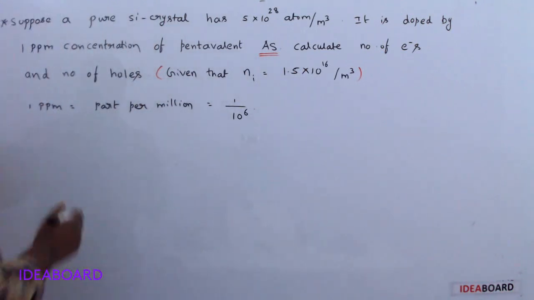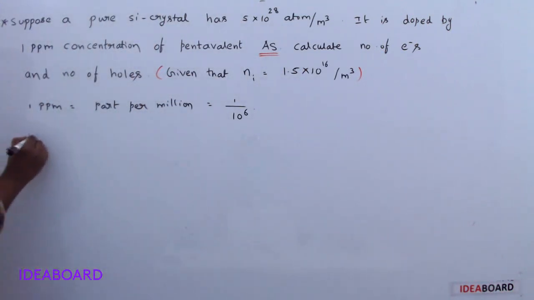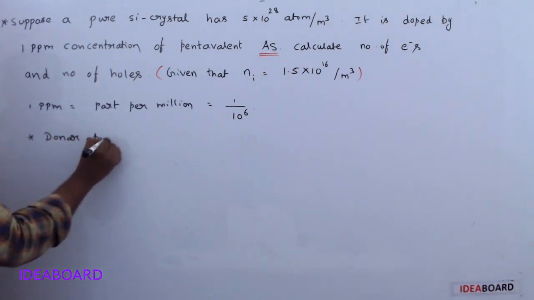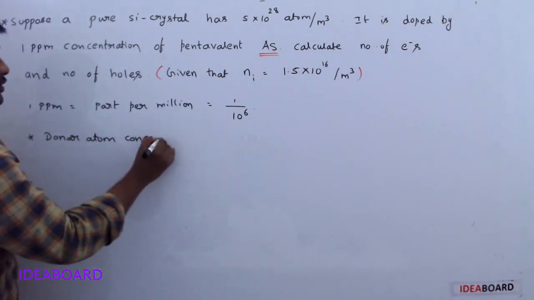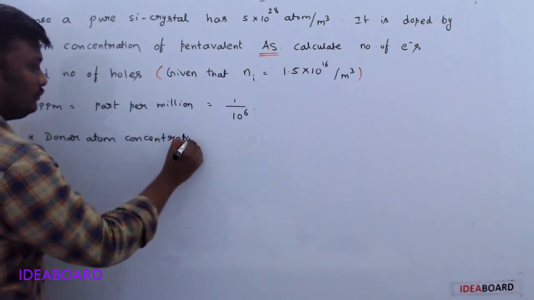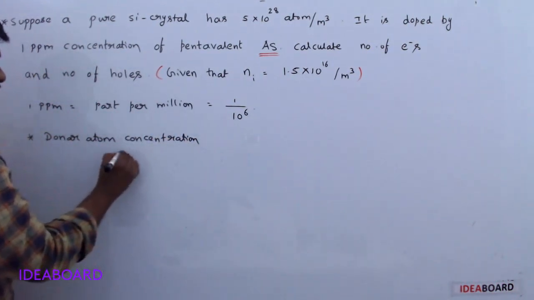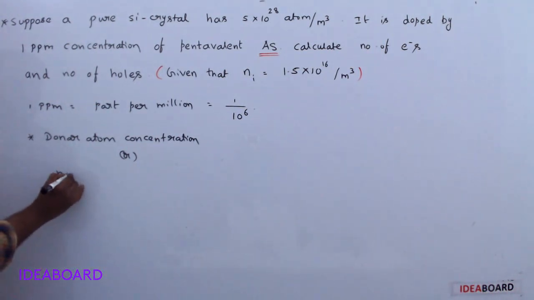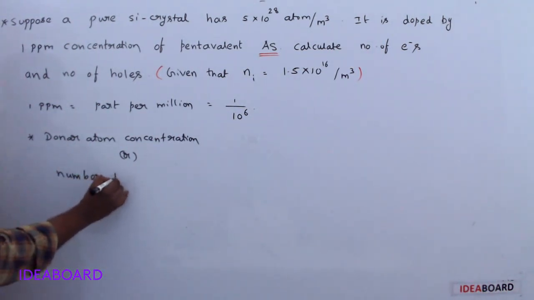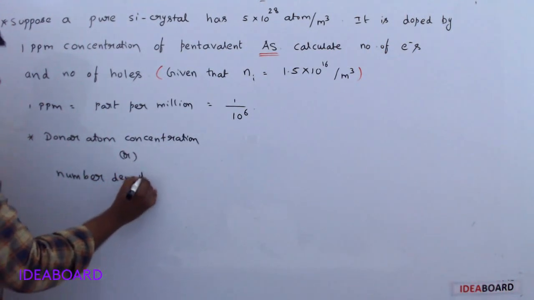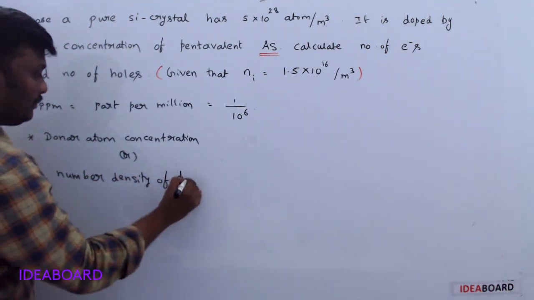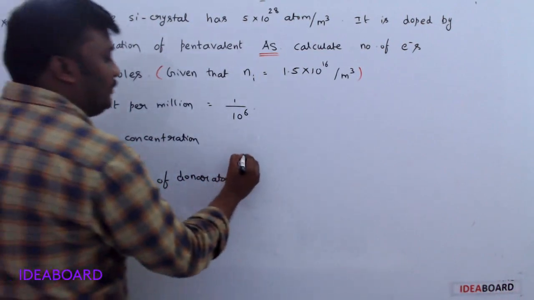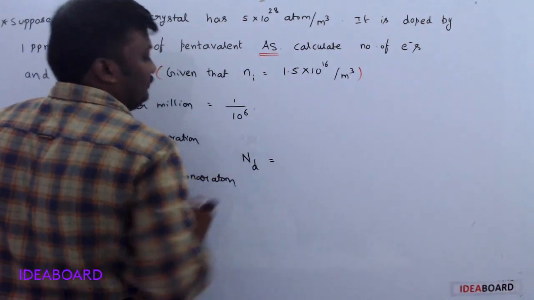Understand? So first of all we can find the donor atom concentration, otherwise called the number density of donor atoms. Its symbol will be Nd.